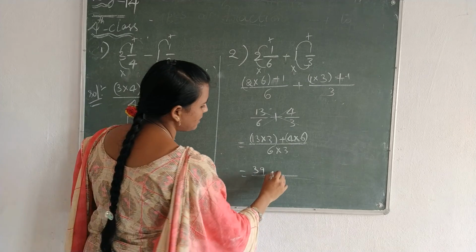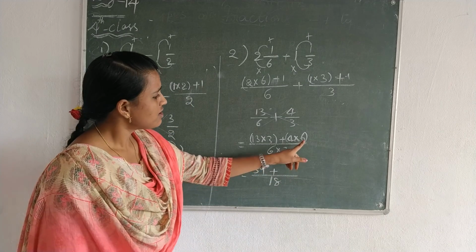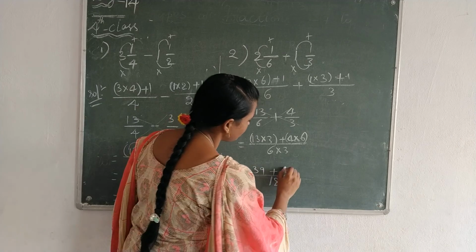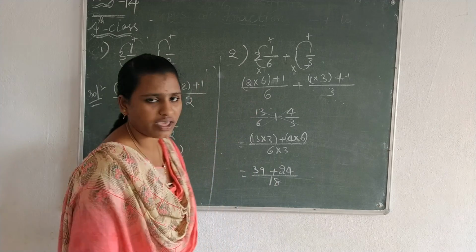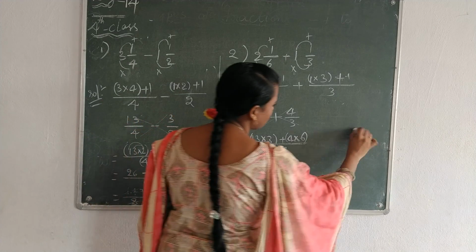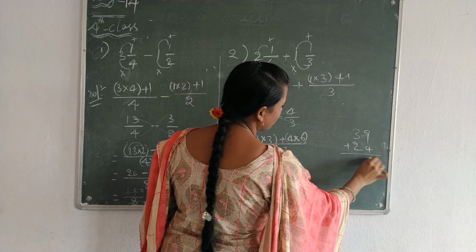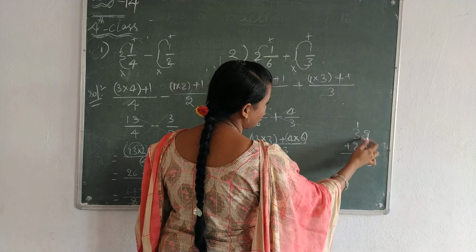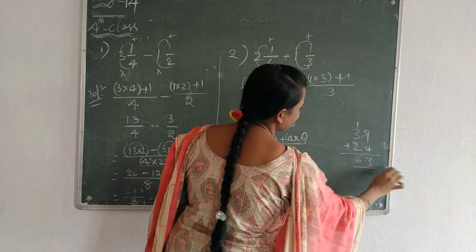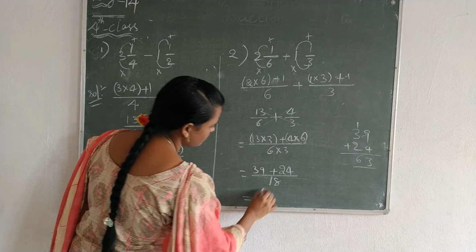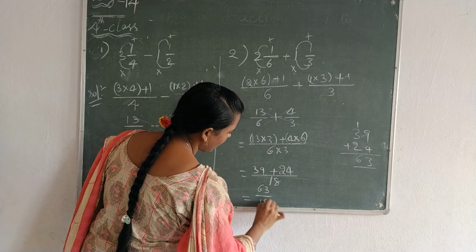What is the symbol? Plus. Let's put it. 6 4s are 24. Okay, let's add the two numbers here. How much? 9 plus 4 is 13. 3 plus 2 is 5 plus 1 is 6. Okay, 63 by 18.